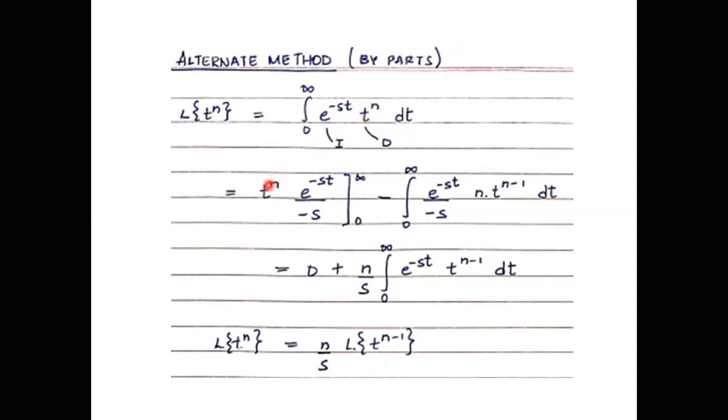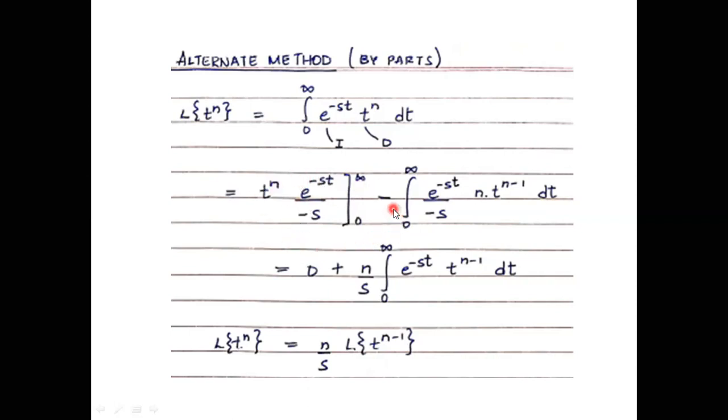So by parts I have t power n into integration of e power minus st, that is e power minus st by minus s between the limits 0 to infinity, minus integral of e power minus st by minus s into the derivative of t power n, which is n t power n minus 1, dt. When you apply the upper limit, e power minus infinity is 0, and when you apply the lower limit, 0 power n is 0. So this whole term vanishes.